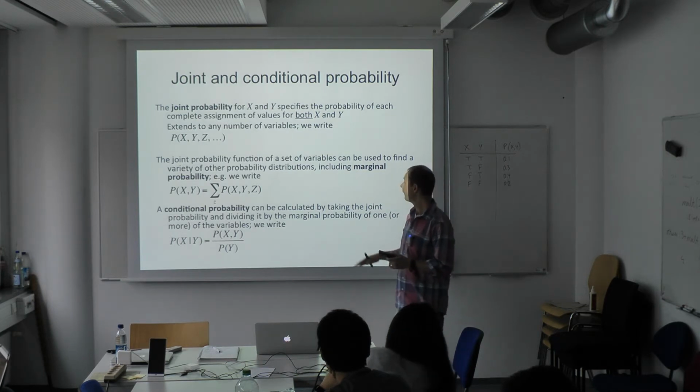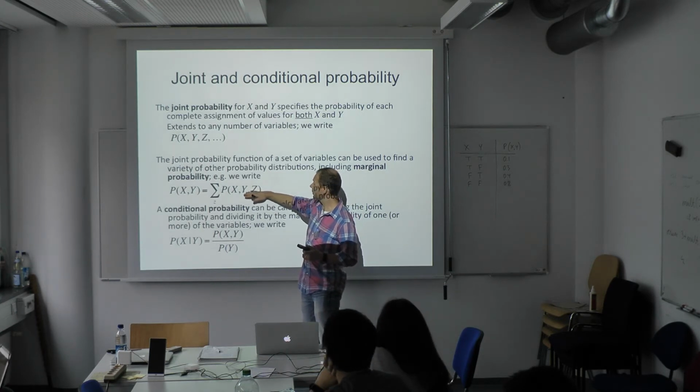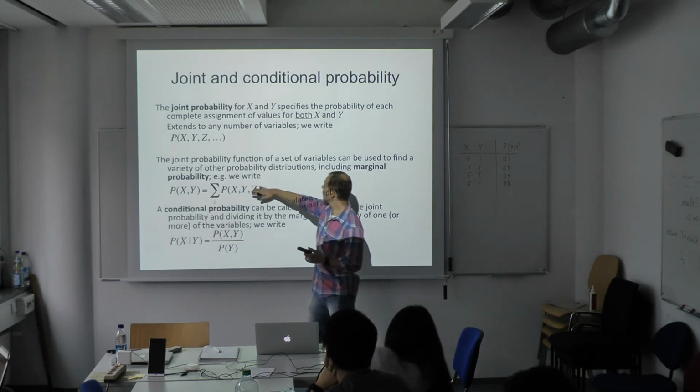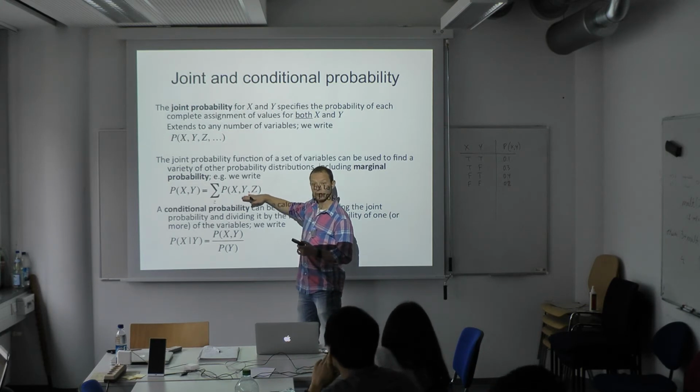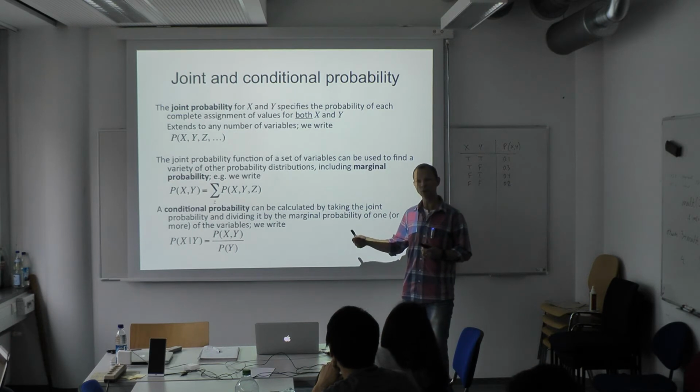Okay. We can go the other way, and we can do so-called marginalization. We can go from one joint probability, which consists of 3 variables, to the case of 2 variables, just by summing out.